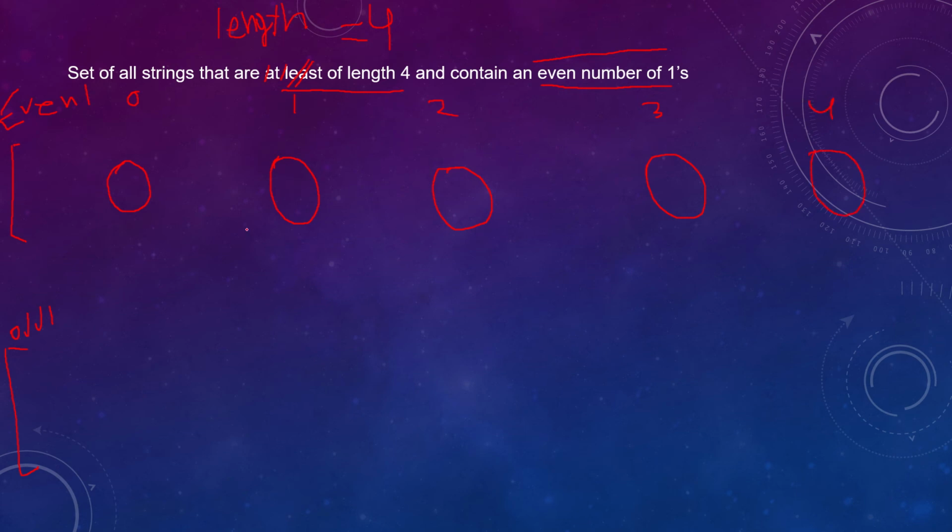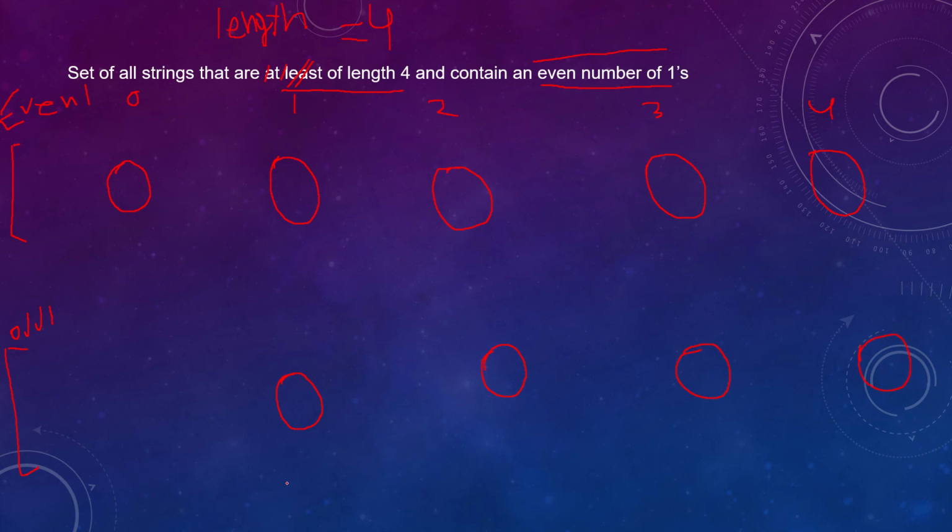Now for the odd part there won't be any length 0 because to go to the odd part we must have at least one symbol, right? So length 0 cannot be possible for the odd part. So in the odd part there will be length 1, length 2, length 3, and length 4.